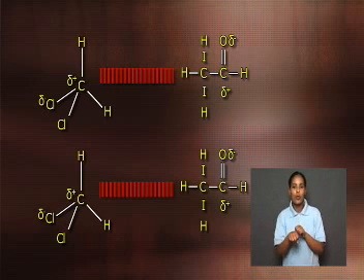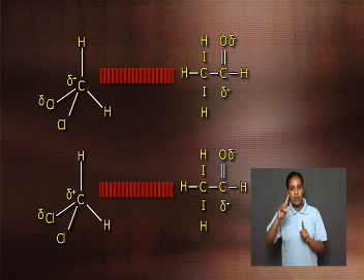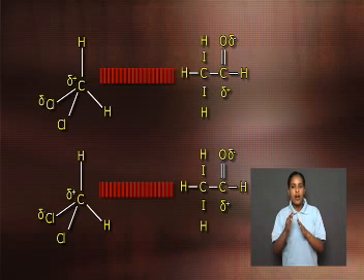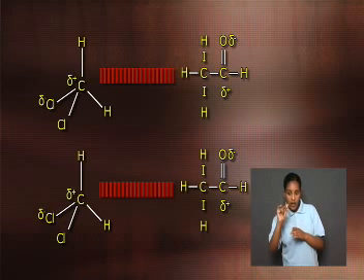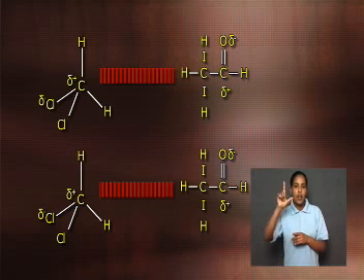So, it boils at a lower temperature than ethanol. Dipole-dipole forces also give the polar cis isomer of dichloroethene a higher boiling point than dichloroethene's nonpolar trans isomer.